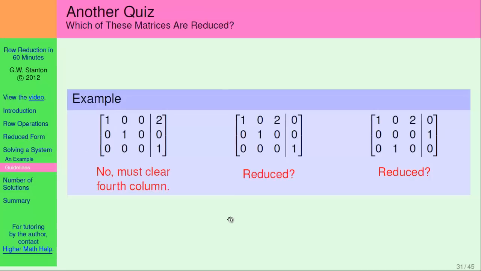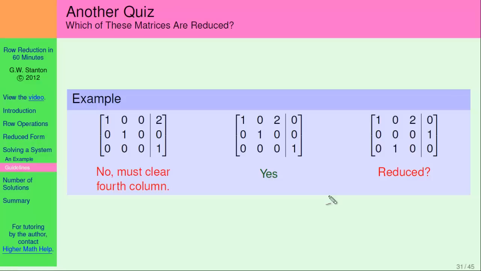Just so you can see how quick this can really be, let's go ahead and run through this next matrix a bit faster. So we have our leading 1 in the first row, and its column's clear, our leading 1 in the second row, and its column's clear, and our leading 1 in the third row, and its column's clear. And we have this nice staircase. So yes, there's no work left to do. This matrix is reduced.